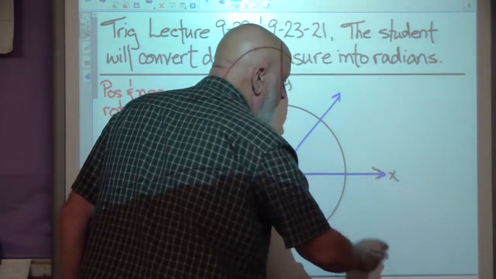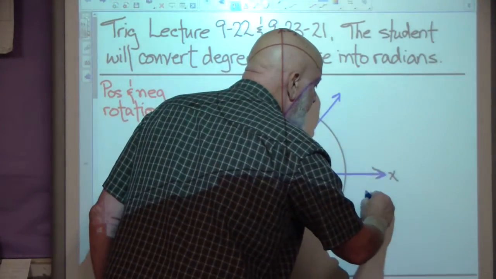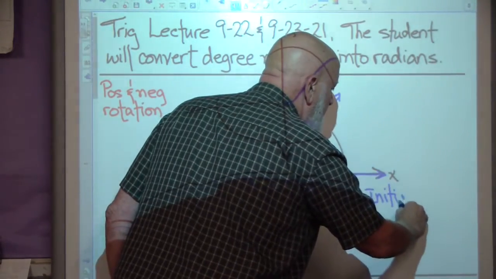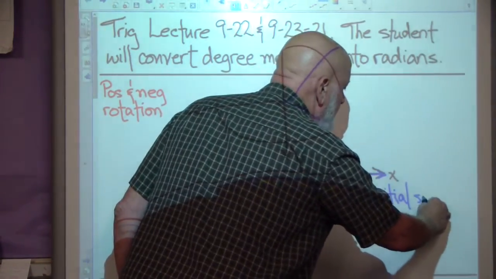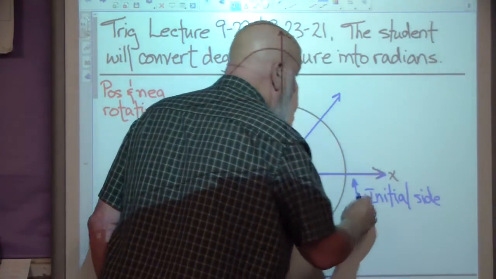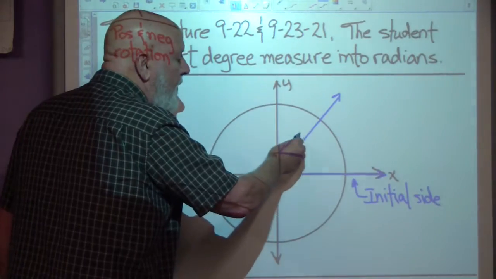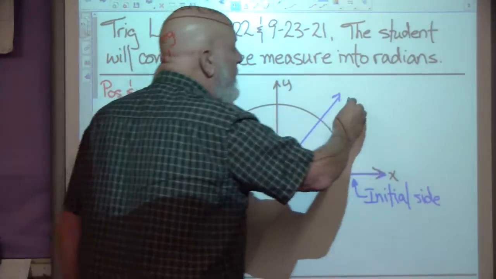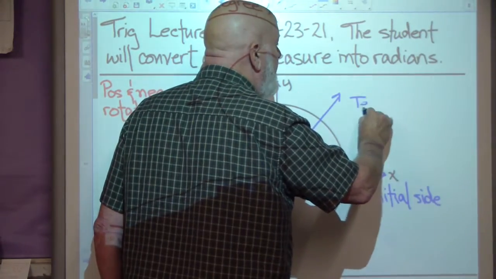Yay, all right. So this is said to be the initial side of our angle. And if we rotate so far and stop and make another side, this is said to be the terminal side of the angle.